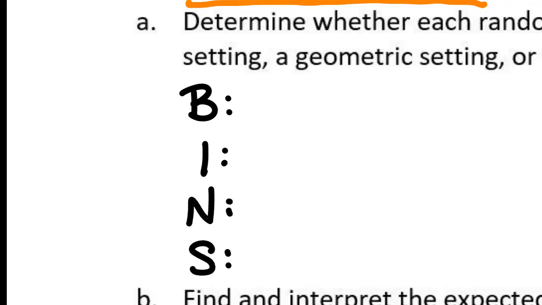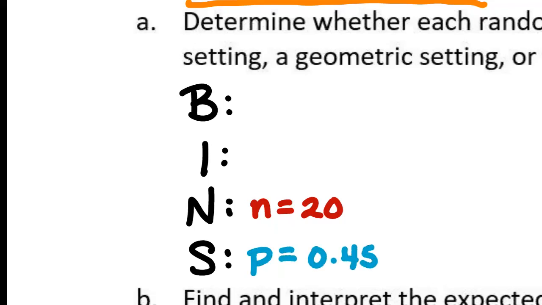Well, there's two things that I can fill in right now. Which things can I fill in automatically? N. N is 20, because we're sampling 20 people. What else can I pull in right away? Probability, P. 0.45. So what I need to know now is, does it meet the binary condition?